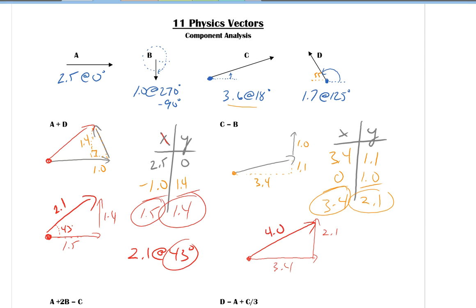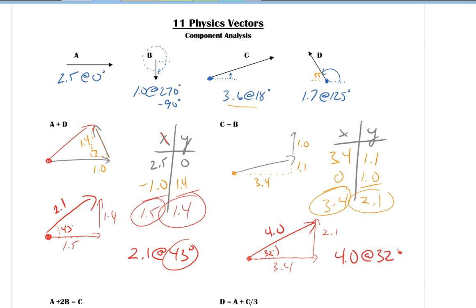We can solve for the angle. And I probably use inverse tan for that right there. And if I solve for this angle, it's like 32 degrees. And that angle is from the positive x-axis. So that's perfect. So answer for this one, those two vectors put together gives me 4.0 at 32 degrees.